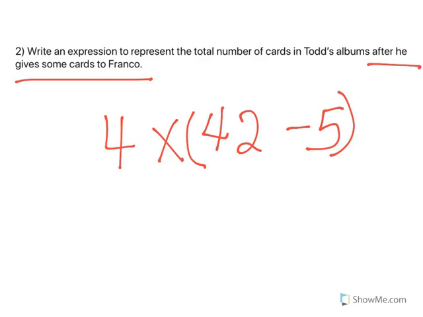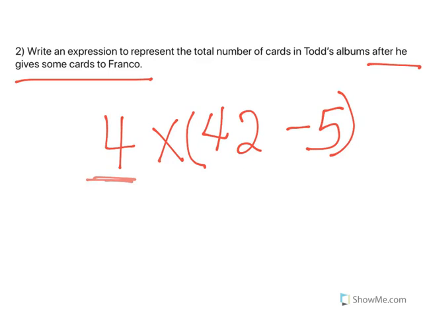Because we need to do the subtraction first, because he didn't just take 5 cards from one album, he took 5 cards from 4 albums, okay? So let's go to question number 3, which I think is just to solve this.